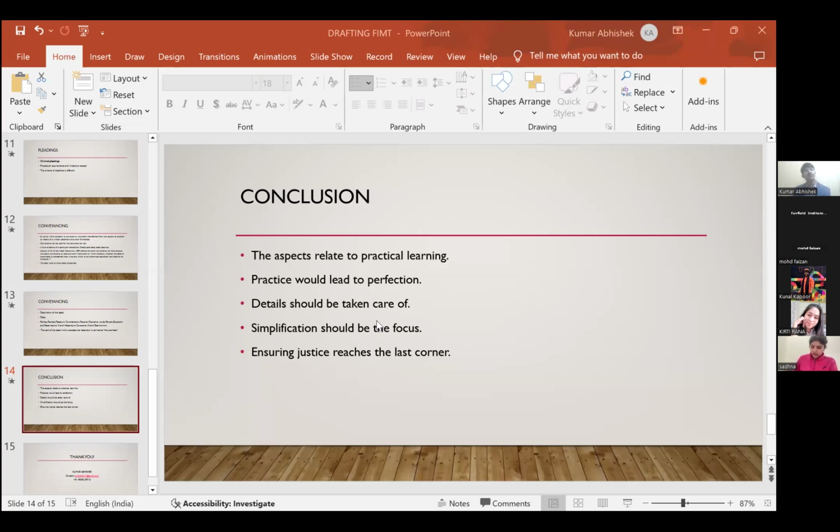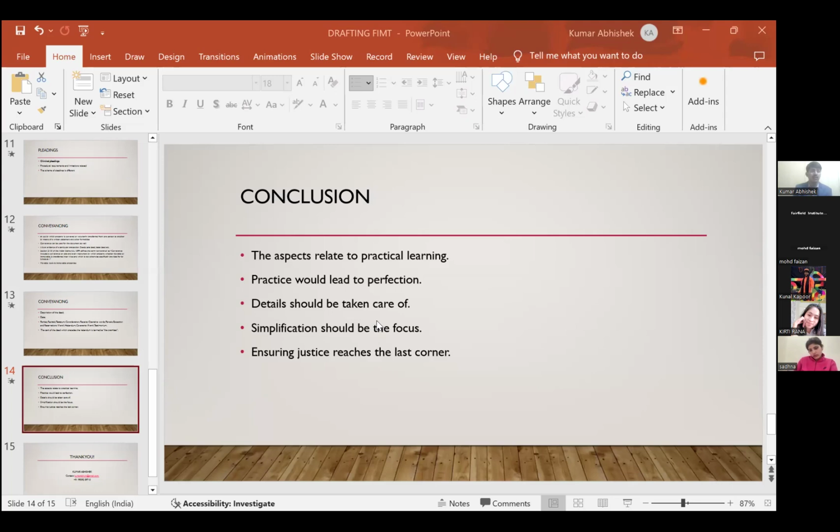Therefore, you yourself have to go through all those documents, find the loopholes, and then reach a conclusion on the basis of which you will be building up your case further. So these things have to be kept in mind.